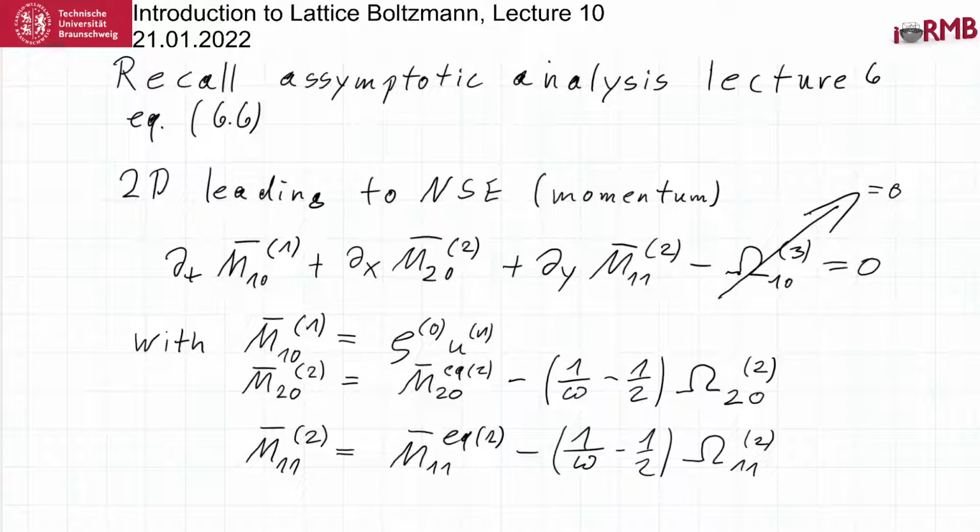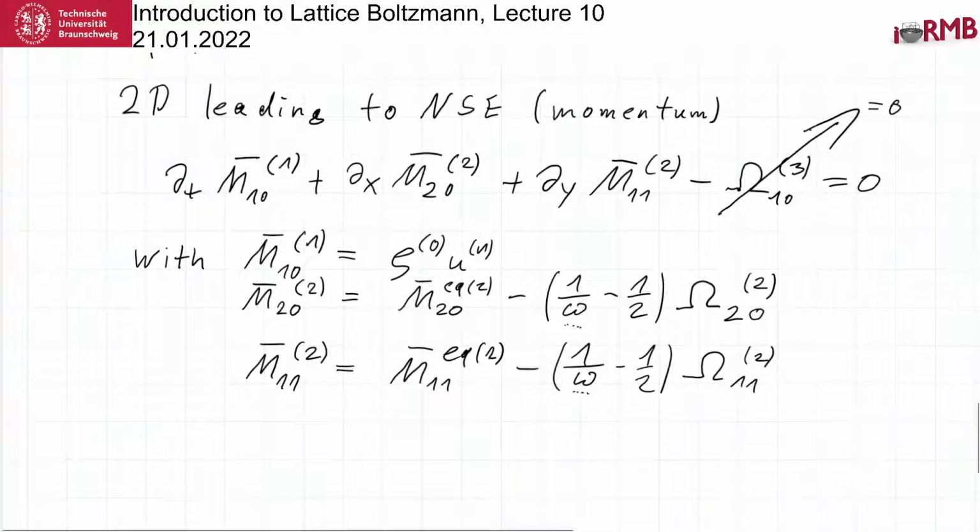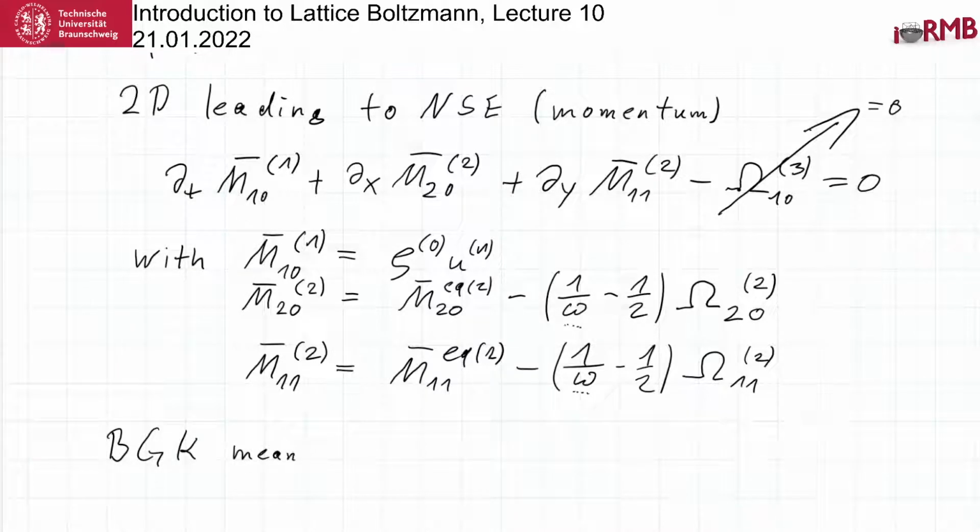from the BGK method, and we see that this relaxation rate omega enters the system here, and what is specific to the BGK methods is that there's only one relaxation rate. So BGK means that there's only one omega, and this acts on all moments.